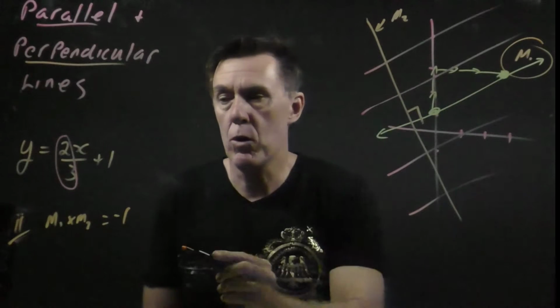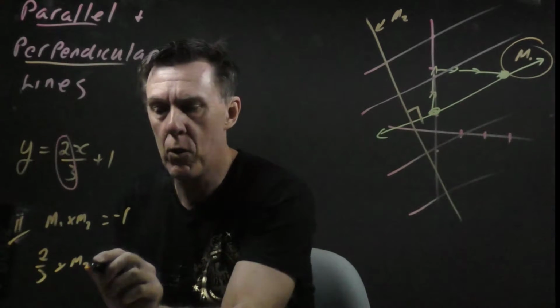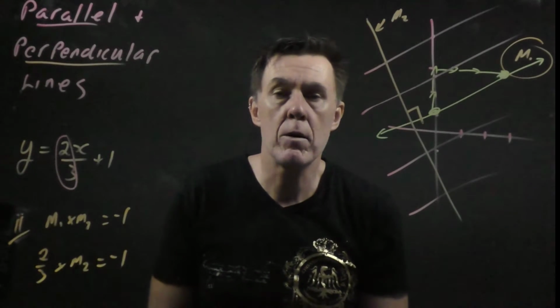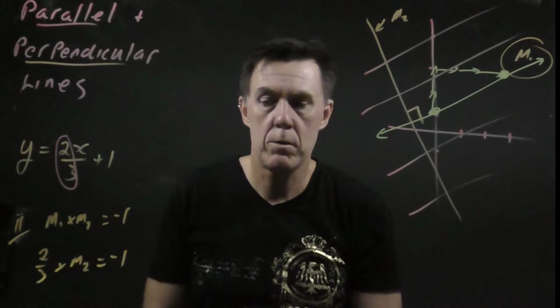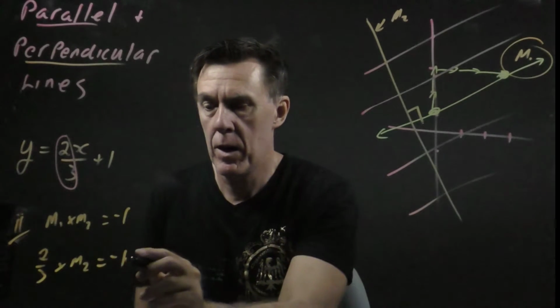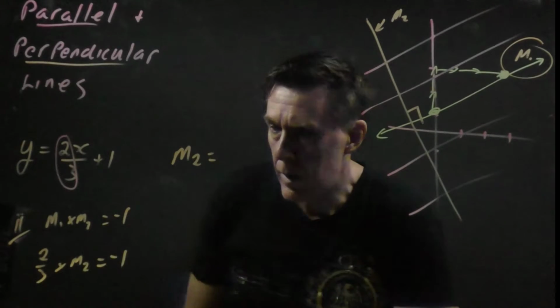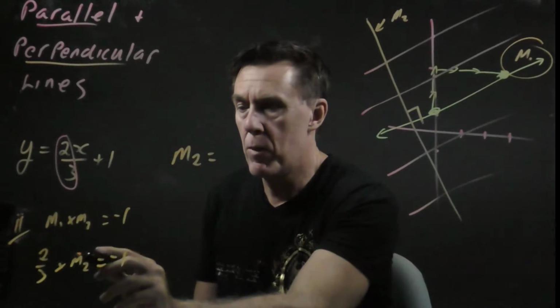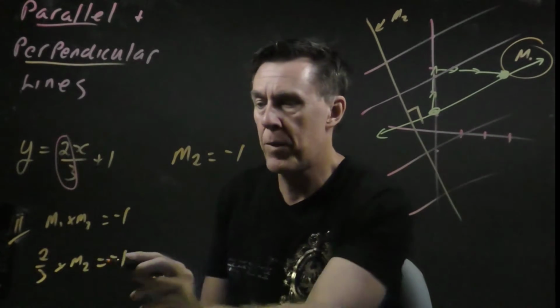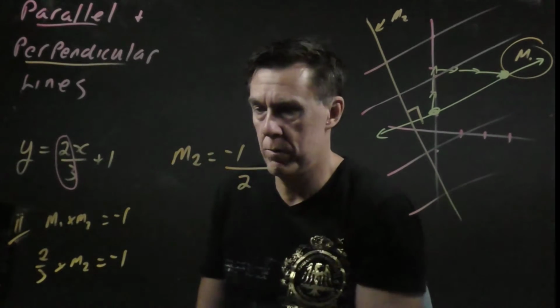So our original line had a gradient of 2/3. To find the gradient of the second line, we times them together to get -1. Now, to get M2 on its own, I've got -1 here originally. My multiply by 2 comes over to become divide by 2.